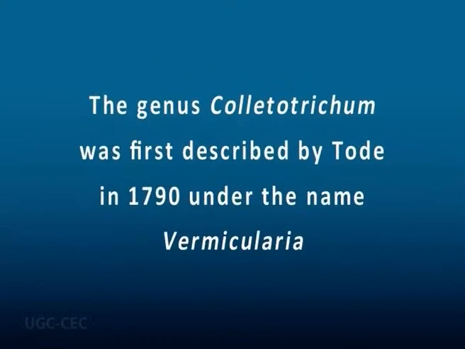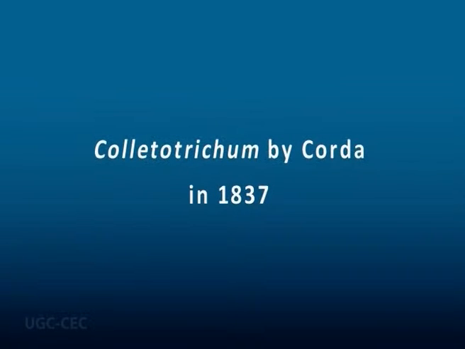Now, introduction to this genus. Colletotrichum is a genus of Deuteromycetous fungi belonging to class Coelomycetes. The genus Colletotrichum was first described by Todd in 1790 under the name Vermicularia, but was later established as Colletotrichum by Corda in 1837.